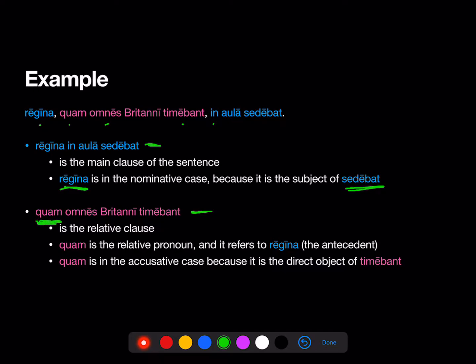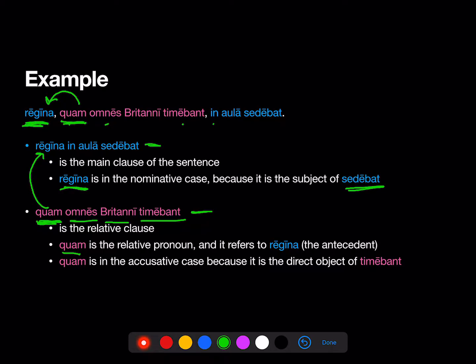So, whom all the Brits were fearing. Quam, the relative pronoun, refers back to Regina in the main clause. Regina is its antecedent. Okay, so quam refers back to Regina. Quam is the relative pronoun.